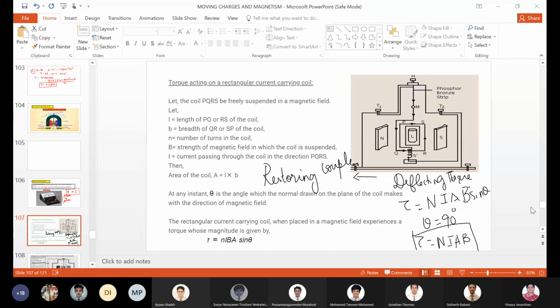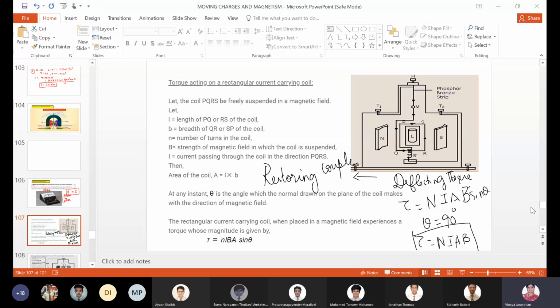Okay, I'll just finish in one minute. Boys, when the coil rotates, to stop the continuous rotation of the coil there should be a counter torque, and that counter torque is given by the springs attached below the coil.